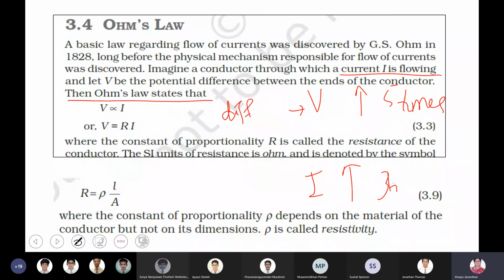V can increase 3 times its original value, it can increase 10 times its original value, right? By what factor is I going to increase? That is determined by the constant of proportionality. That is the meaning of constant of proportionality. When V increases, I is also going to increase, and by what factor is determined by the constant of proportionality.